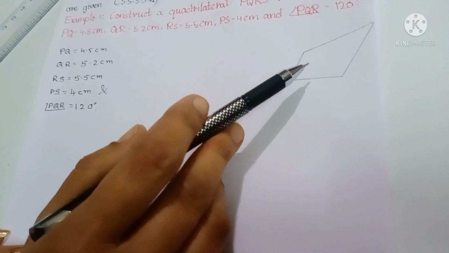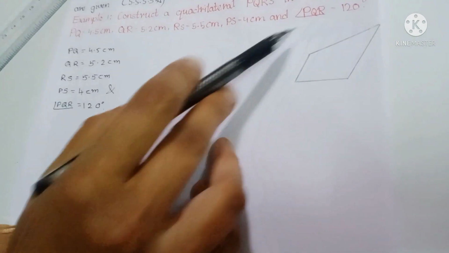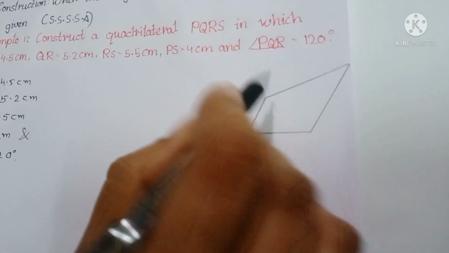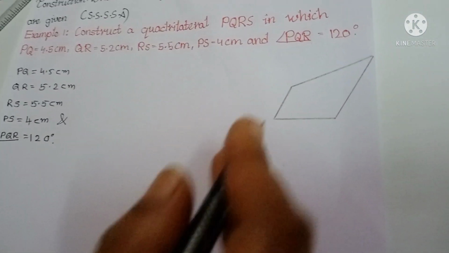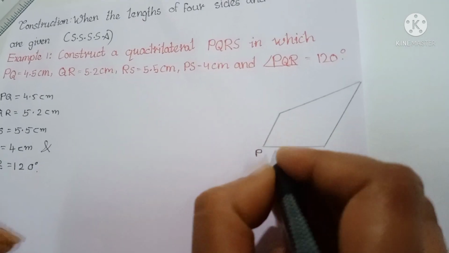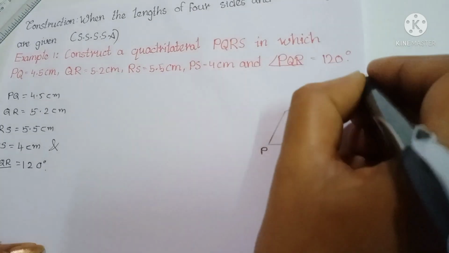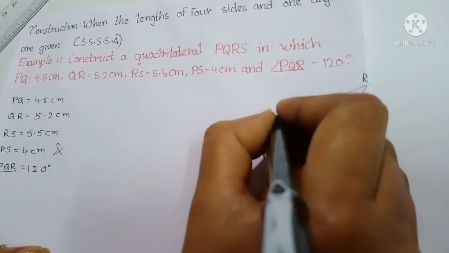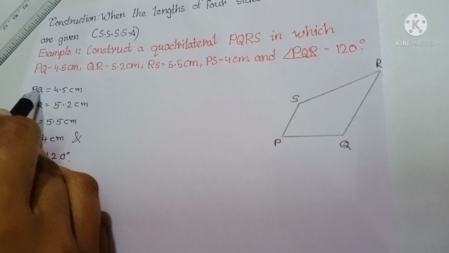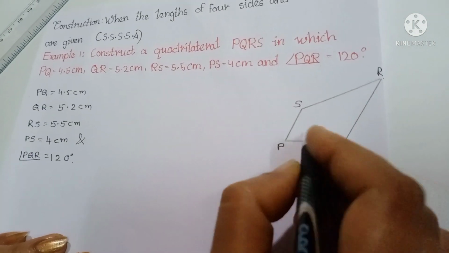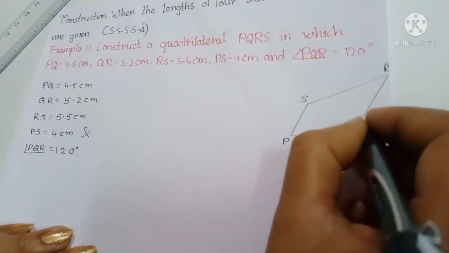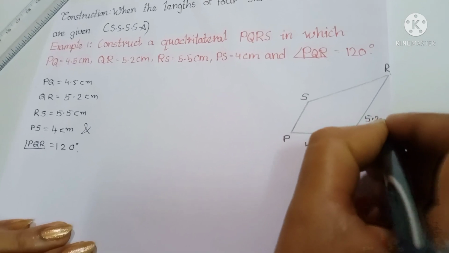Draw a rough sketch here, like this. Rough sketch of quadrilateral PQRS, and mark given measurements. PQ is equal to 4.5 centimeters, and QR is equal to 5.2 centimeters.